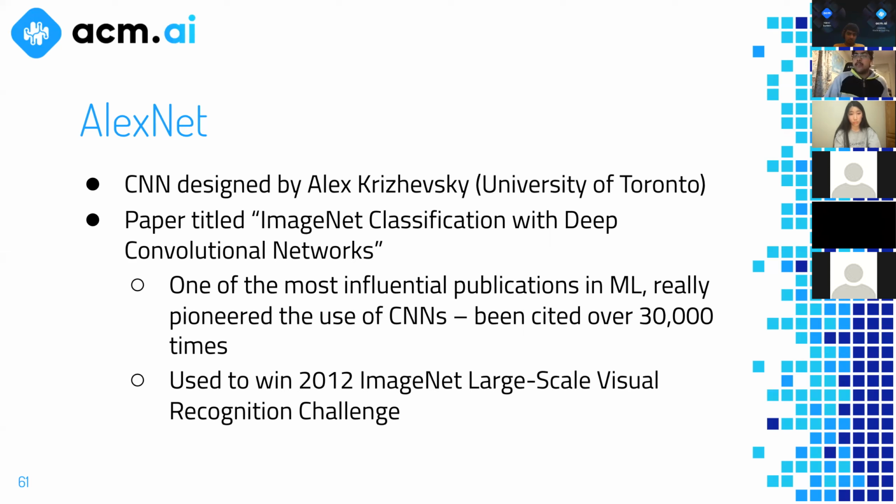It was very influential, it pioneered the use of CNNs, and it was used to win the 2012 ImageNet Large Scale Visual Recognition Challenge. People have been building upon them, and you can probably find other research papers online as well.